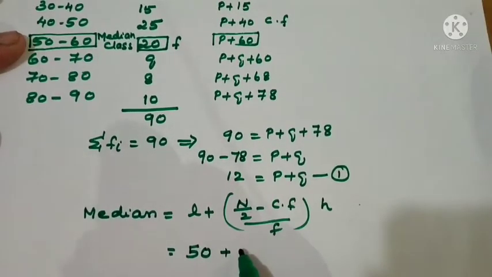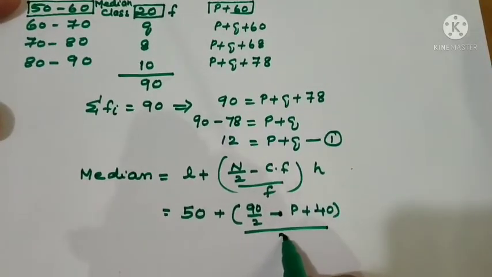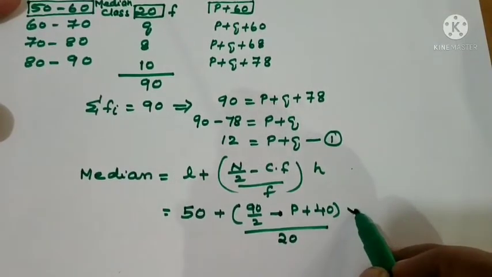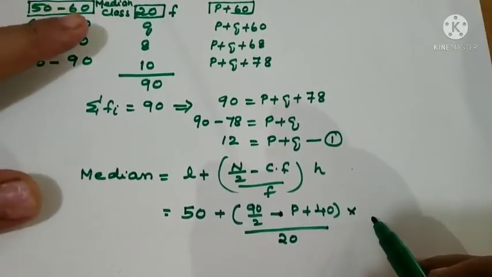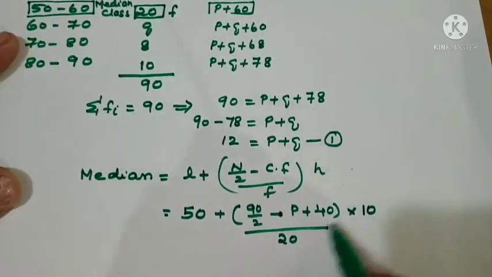N by 2 is 90 by 2, minus CF, which is P plus 40, divided by the frequency of the median class, that is 20. And what is H? H means class size, that is 60 minus 50, equal to 10.